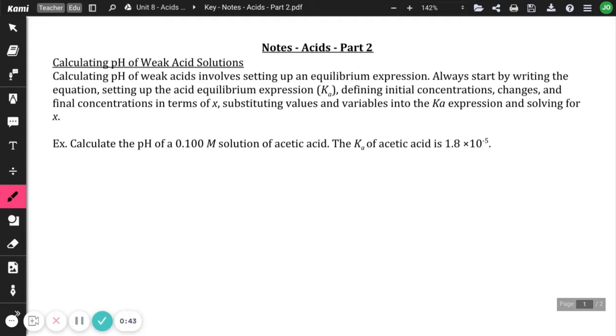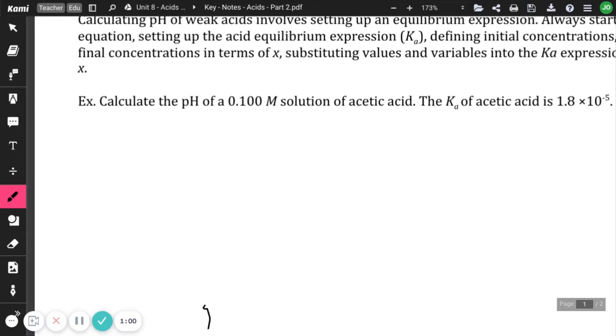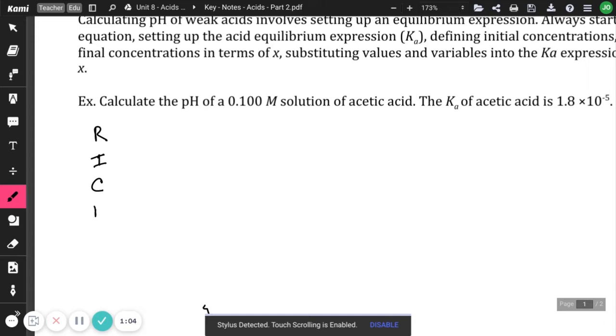All right. So here it says calculate the pH of a 0.100 molar solution of acetic acid. The Ka of acetic acid is 1.8 times 10 to the negative 5. So again, we're setting up a RICE table. We've got our reaction, the initial, the change, and then what our final is going to be.